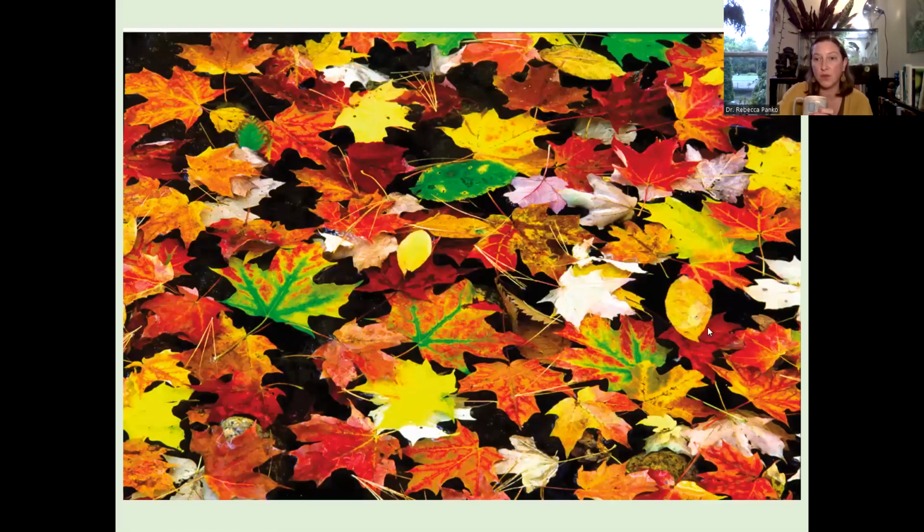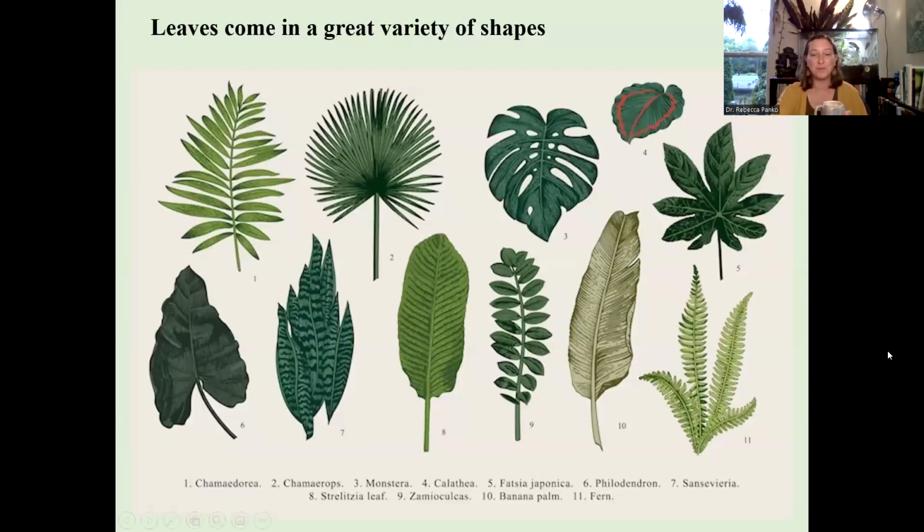Right, so leaves. You guys probably are familiar with a leaf, right? You've seen leaves before, hopefully. Particularly in fall might be the time that you notice leaves the most, right? You know, for all you Instagrammers, you were taking pictures of pretty leaves and posting it, right? So first I should mention that there's not really a shape that is a leaf.